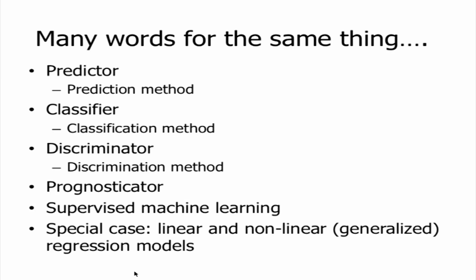The reason why we have so many terms is that different communities use their own terminology. In statistics, we often talk about regression models, whereas in computer science, people would talk about supervised learning. That's the term there.